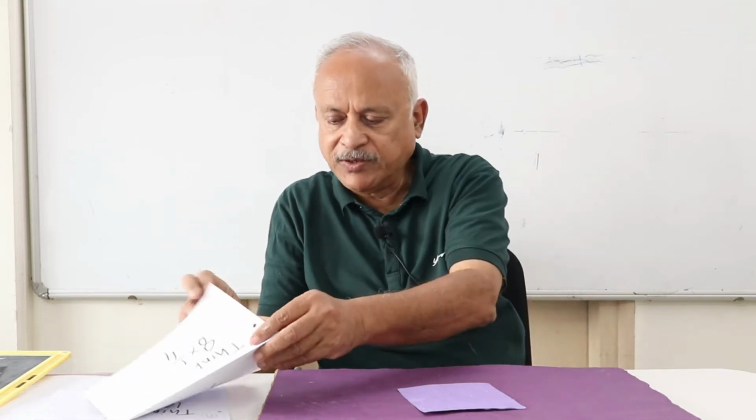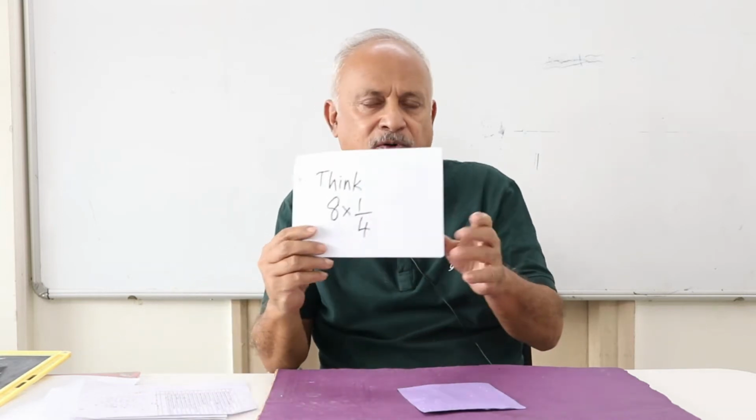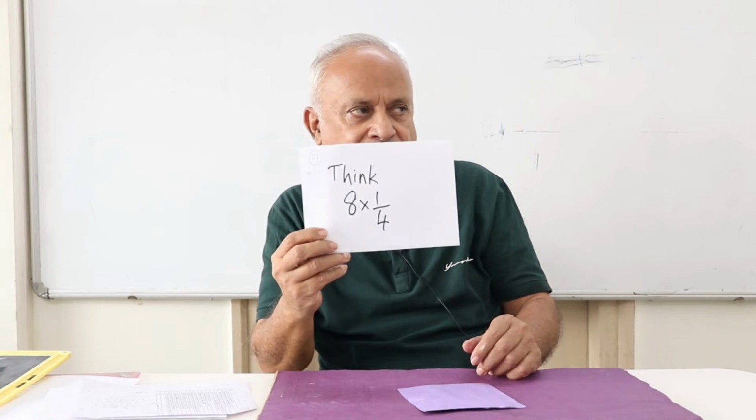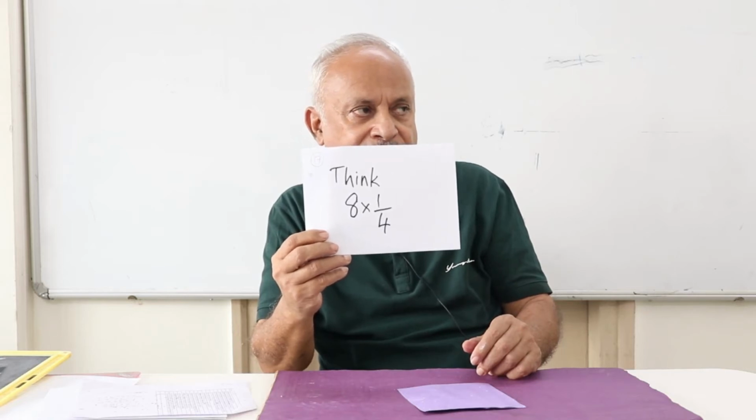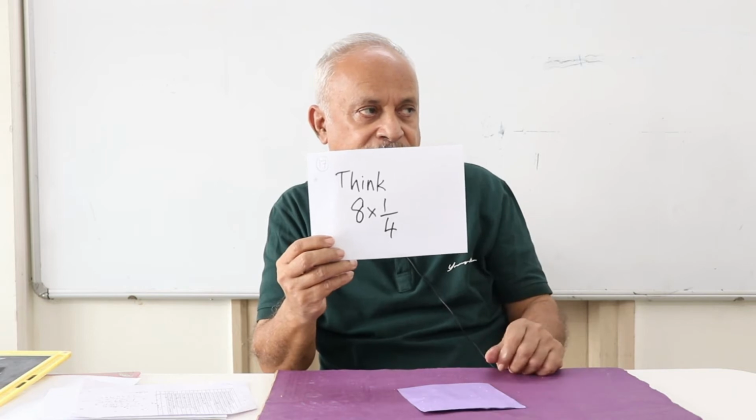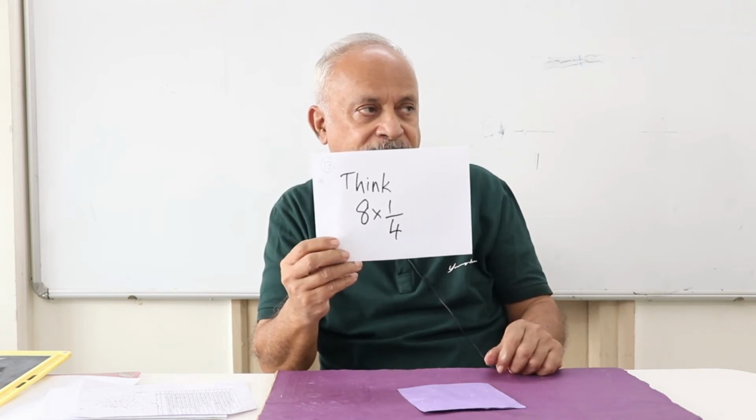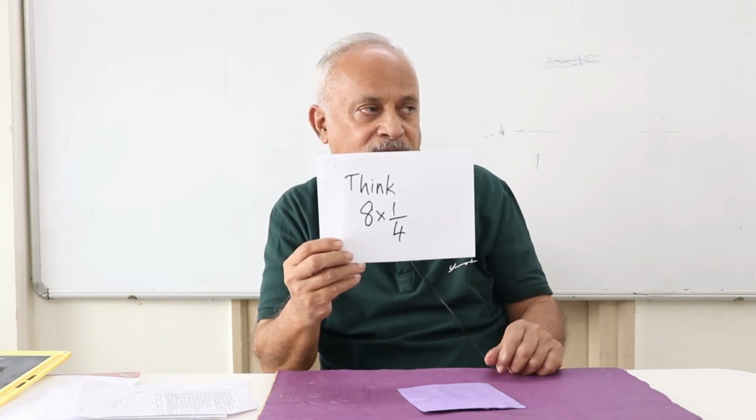Now, this is how many pieces of 1 by 4? 8 pieces of 1 by 4. So what is it equal to? 4 pieces is equal to 1. So 8 pieces is of 1 by 4.